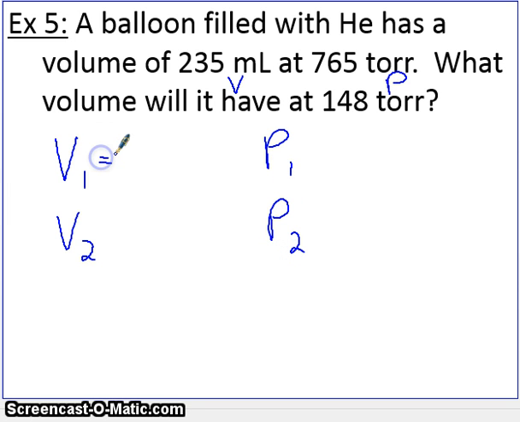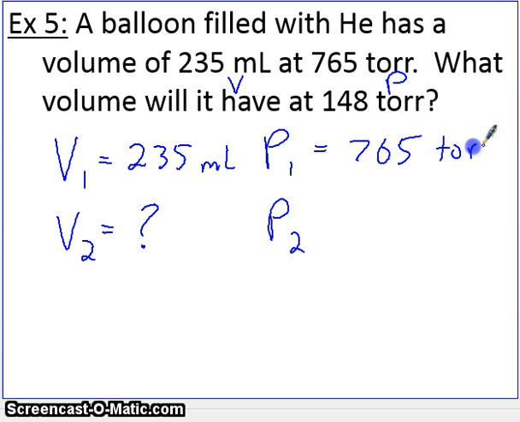Our V1 is 235 milliliters. Our V2 is what we're asked for. What volume will it have? So this is our question mark. Our P1 is 765 torr. Our P2 is 148 torr.